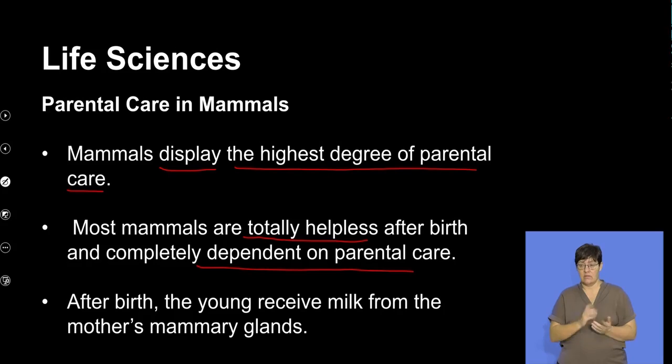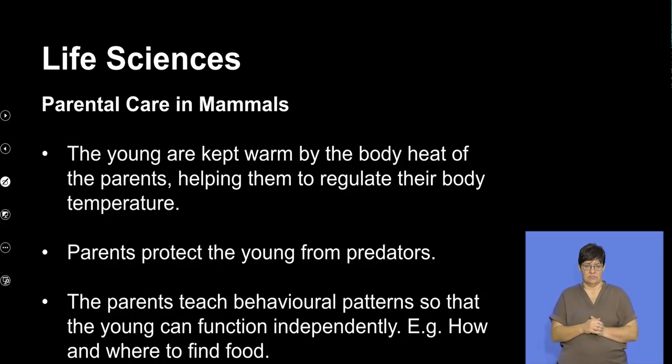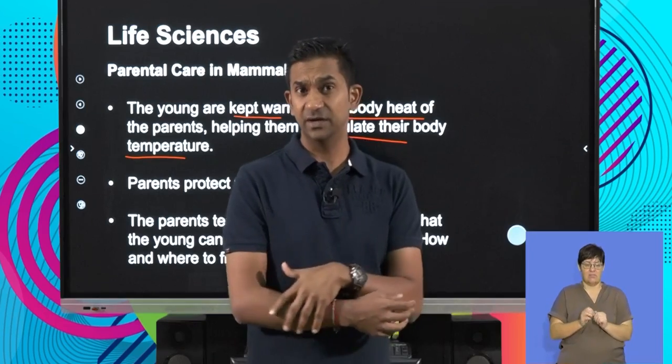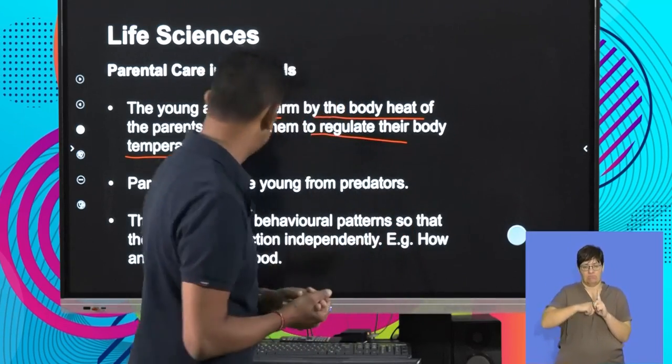After birth the young receive milk from the mothers through the mammary glands, and that is distinctive of mammals. We also know that the young are kept warm by the body heat of the parents, helping them to regulate their body temperatures. Often the young do not have full body coverings of either fur or hair, and that means that they find it difficult to regulate their body temperatures.